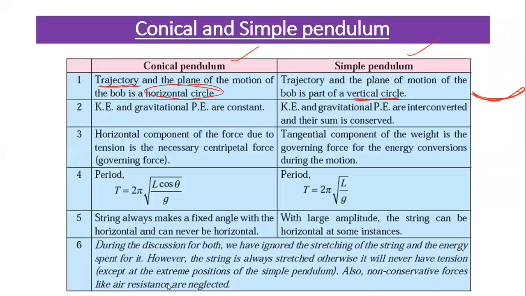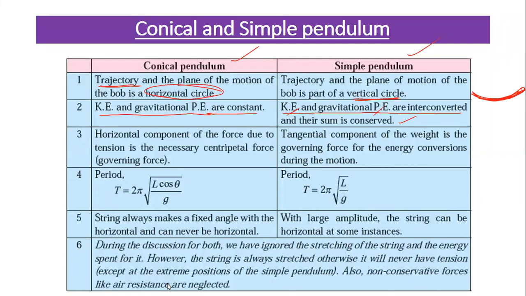Second, kinetic and gravitational potential energy are constant in the conical pendulum. But here kinetic and gravitational potential energy are interconvertible. The energy is conserved, but they are interconvertible because it is a vertical circular motion. We learned the vertical circular motion article also, in which kinetic energy and potential energy are interconvertible.